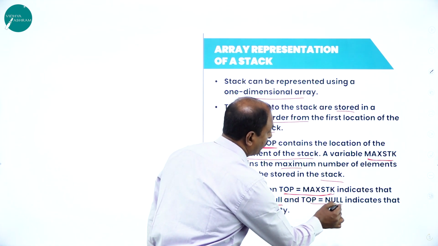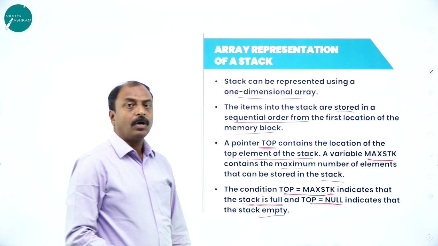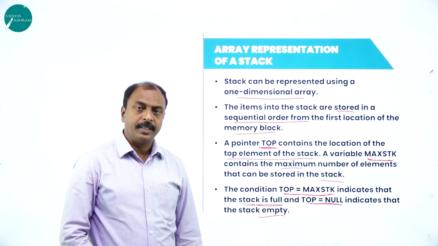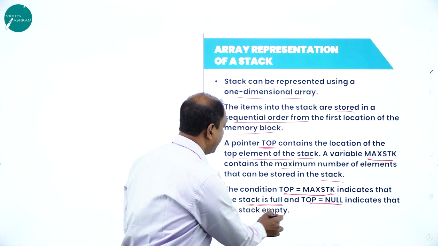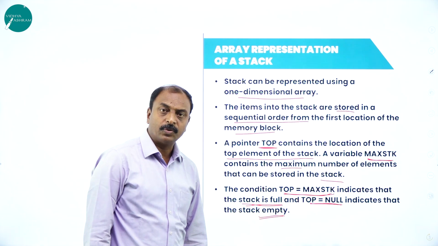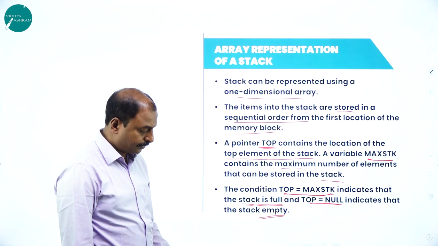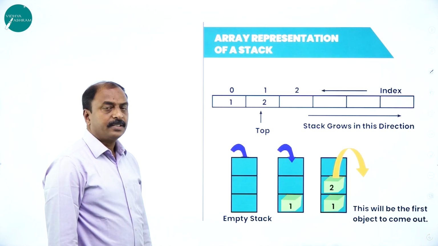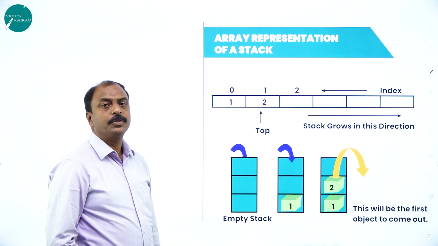Suppose top equals null, meaning the top value is null or -1, it indicates that the stack is empty. These are all different terms we are using with respect to stack. Now this is how we represent the stack in the computer memory.